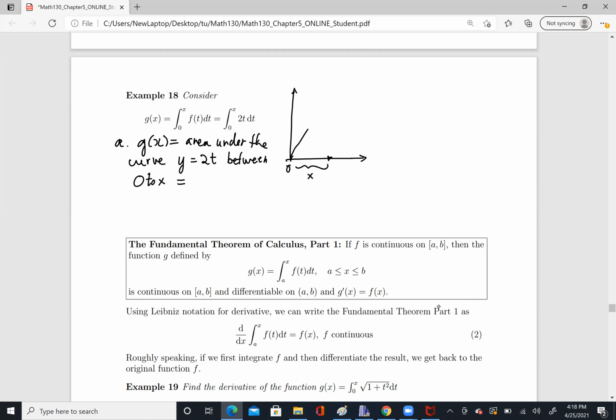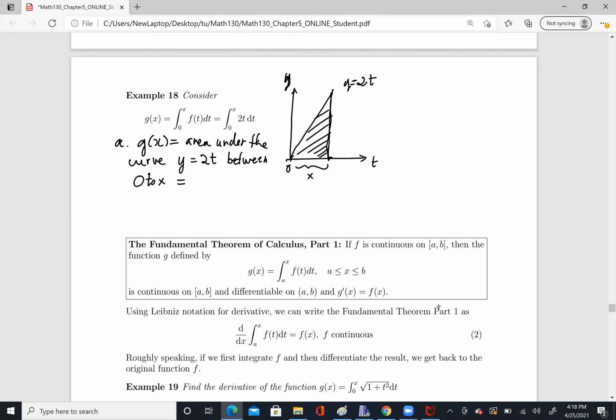So I have y equal to 2t. So here's t and here is y.